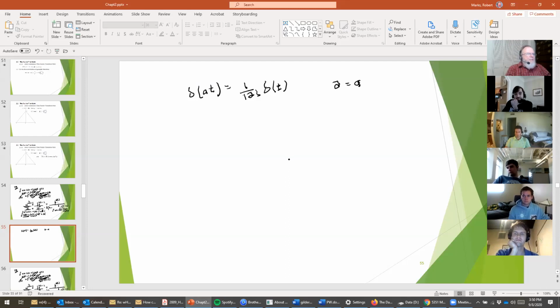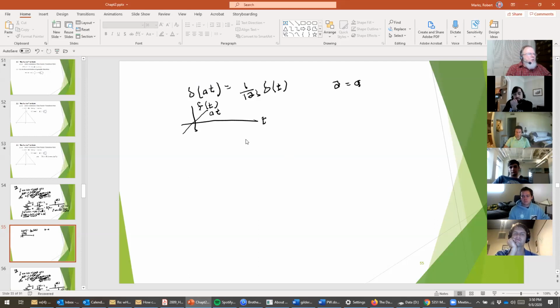Now, if you look at this really closely, what they're asking you to do is to look at a function f of t and look at the function at. The function of at, of course, is a line which goes through the origin, correct?